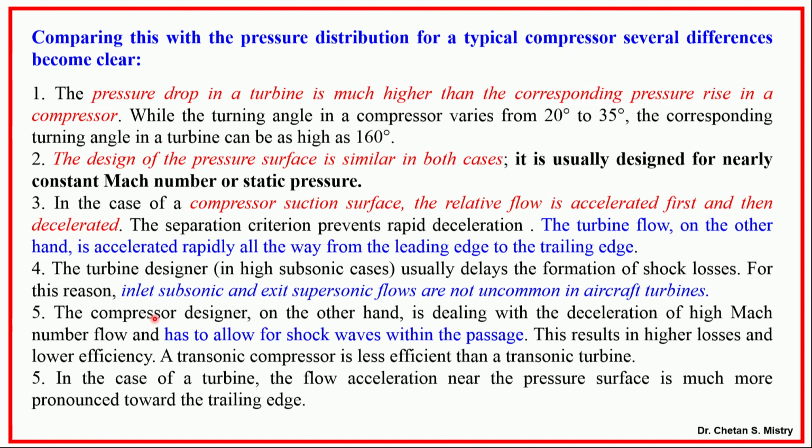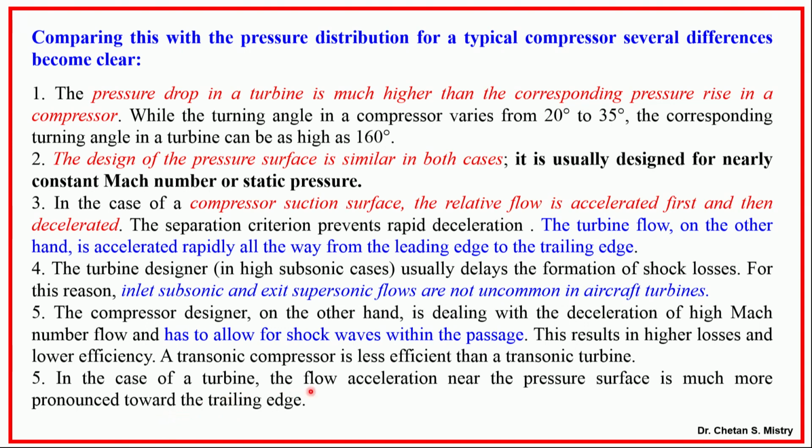In a compressor, we would like the shock to be placed inside the passage, because we need to take the benefit of the shock formation. In a turbine, we would like the shock not to be placed within the passage.